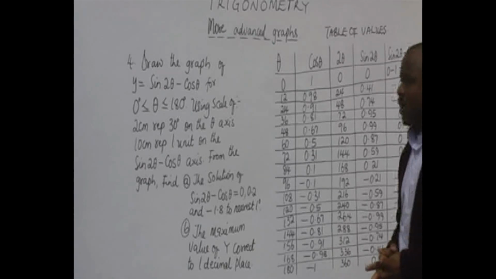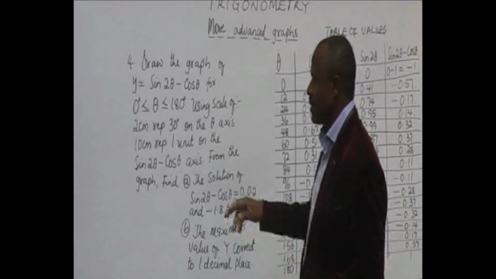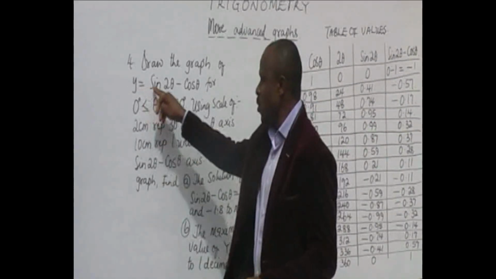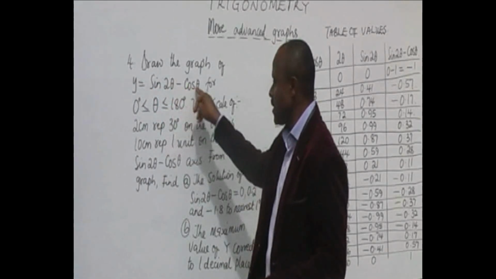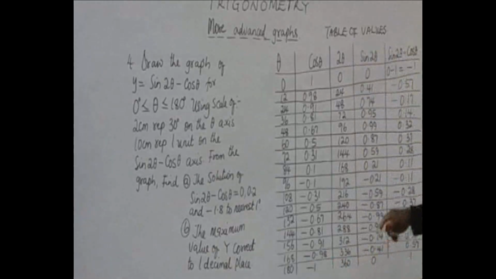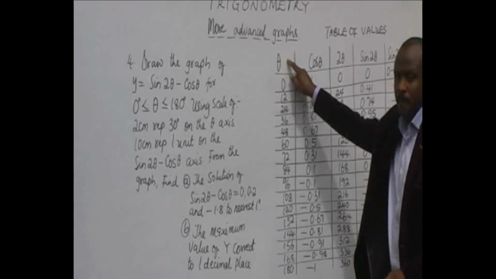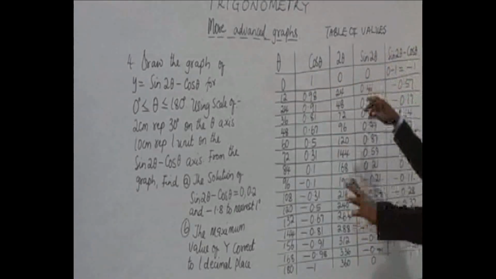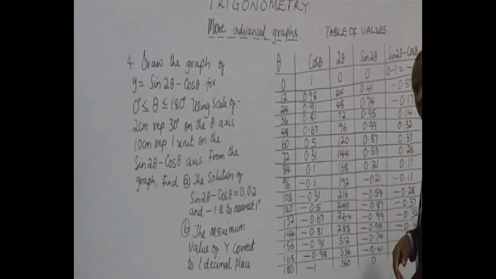Now, irrespective of what our formula is, y is equal to sine 2 theta minus cos theta, we are going to plot all the values we have under sine 2 theta minus cos theta against its corresponding values of theta. This will be on the vertical axis, the y-axis.